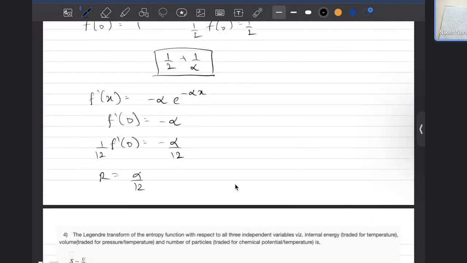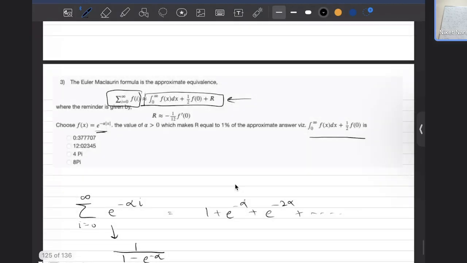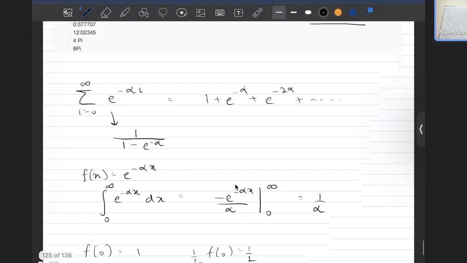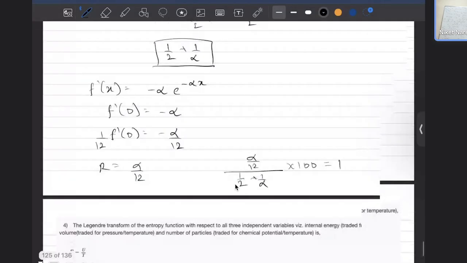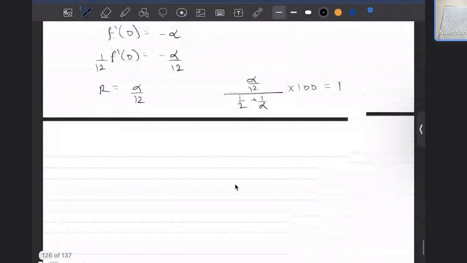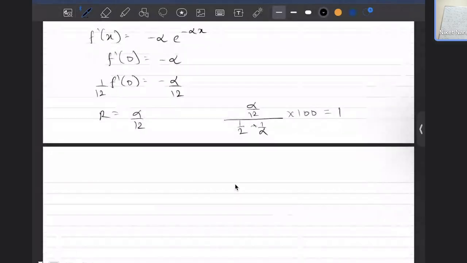What we want is that this error has to be equal to 1% of the approximate answer. So alpha by 12 divided by 1 by 2 plus 1 by alpha, into 100, has to be equal to 1. This will give me alpha.